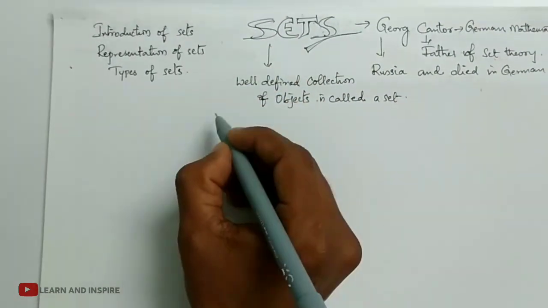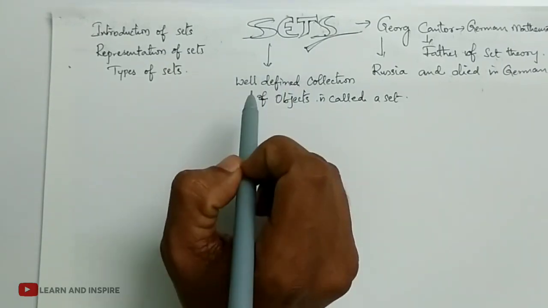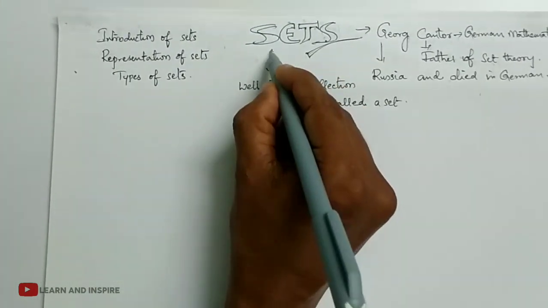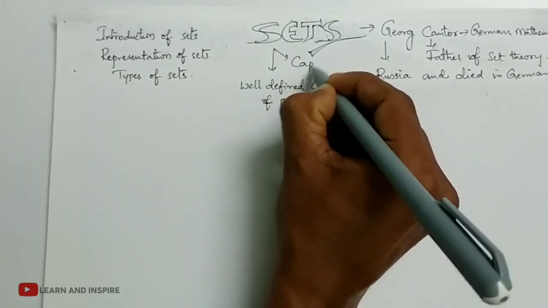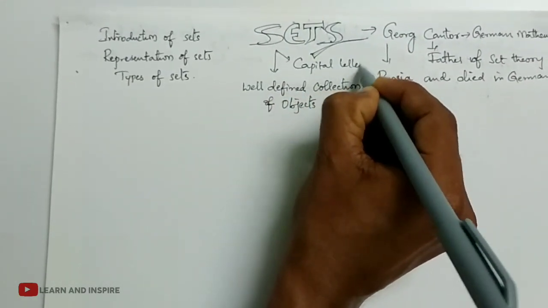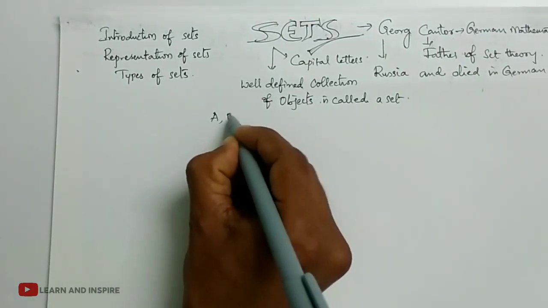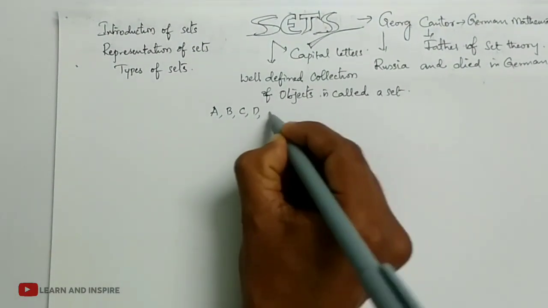Generally, sets are always represented by capital letters like A, B, C, D, and so on.